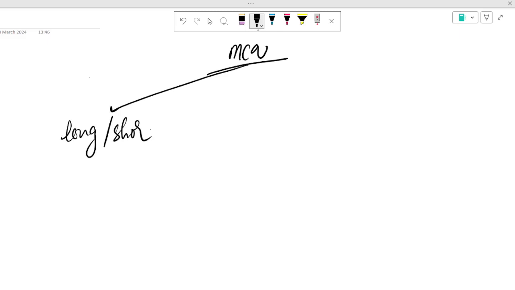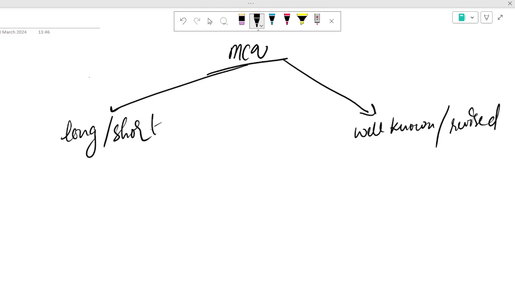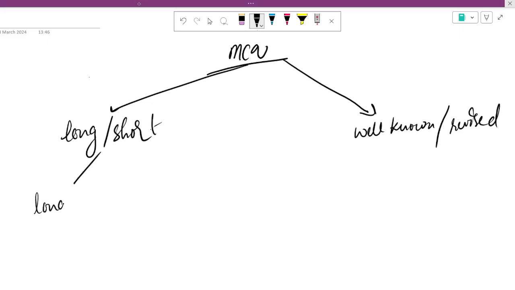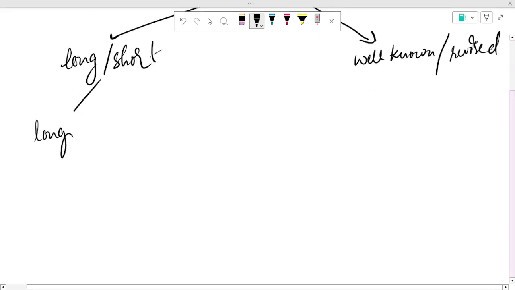And one more criterion is you have to decide whether it is a well-known topic, or whether you have already revised that one or not. If it is long, what will you do? You will go to here.